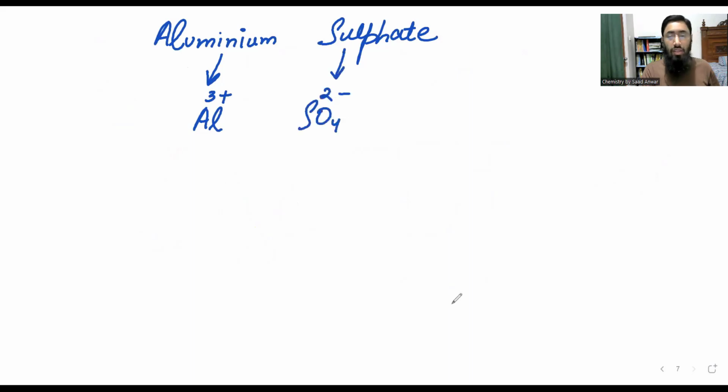Now you can see here we have +3, here we have -2. We cannot cancel +3 and -2. So what we do is the crossing over method: transfer this 2 at the bottom of aluminium and transfer this 3 digit only, not the charge.